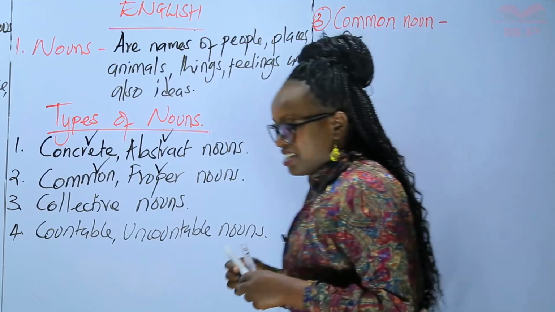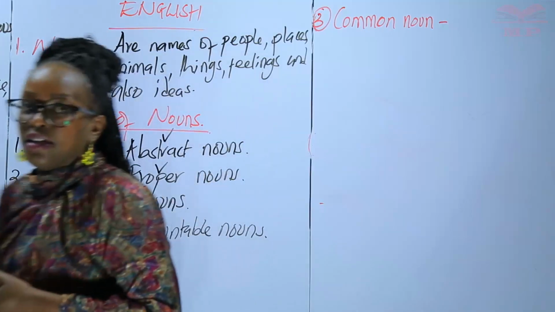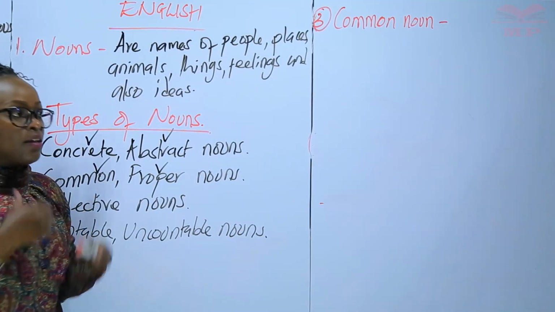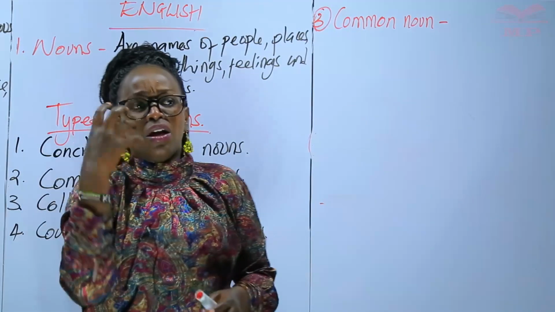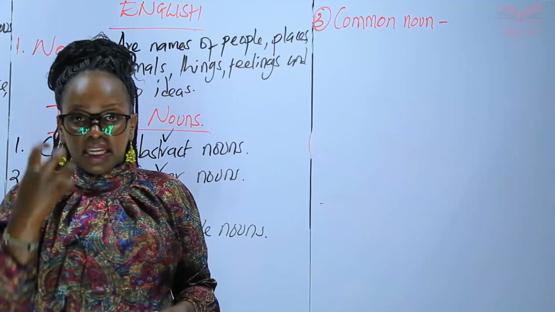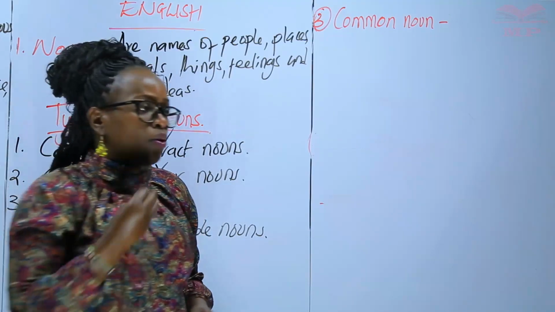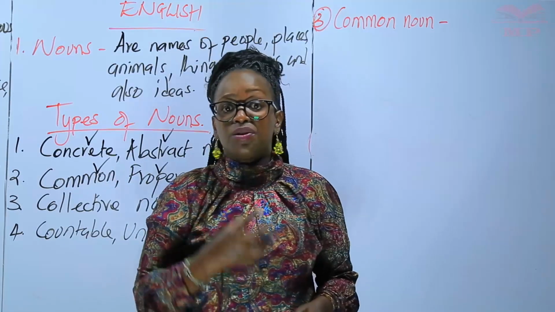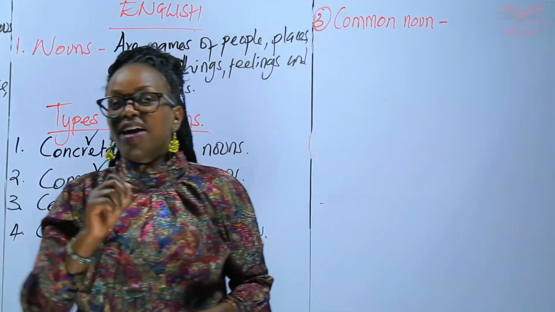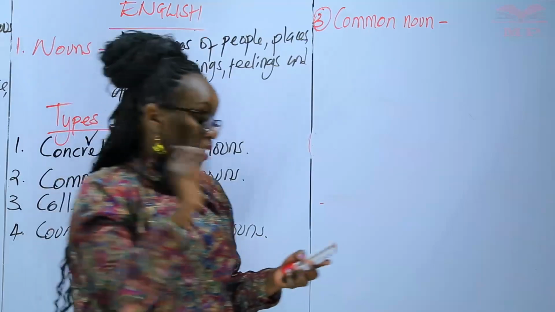So as the name suggests, common. So the common nouns basically are just those nouns or those names of things that are not specific. Common nouns in nature are those nouns that are not specific. They do not specify exactly what they are talking about.